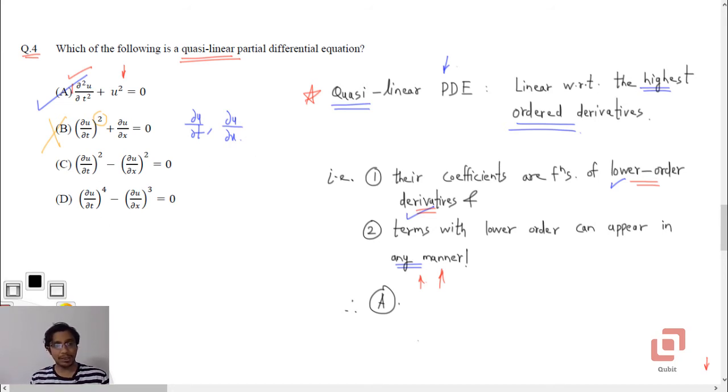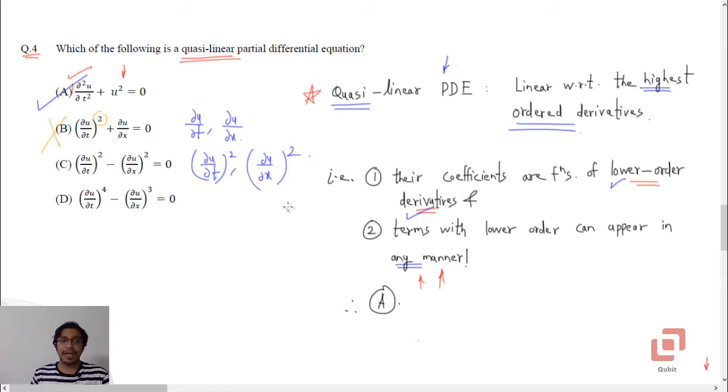Let's argue now regarding C. Again for C we can make the same arguments. Both dabba u by dabba t and dabba u by dabba x are of second power. And if we have a quasi-linear differential equation, then we cannot have even a single highest order partial derivative with second or higher powers.